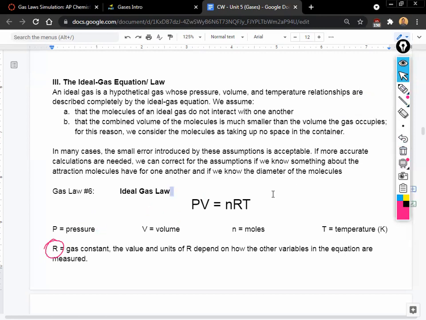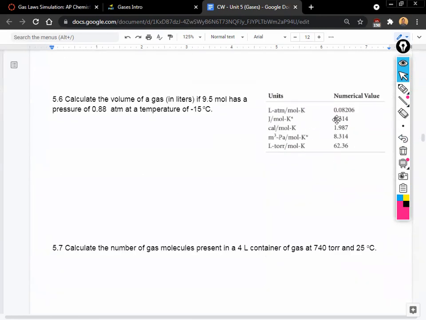I'm going to move down. Here I have a little table that tells you what R can be based on the way you measure the other variables. If I use liters for volume and atm for pressure, I'll use the number 0.08206. If I use joules, moles, and Kelvin, then I'm going to use 8.314.